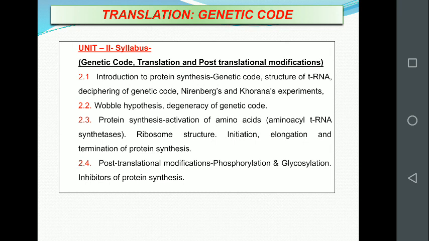For that degeneracy, there is a process known as Wobble base pairing during the interaction of codon and anticodon in translation. That explains the degeneracy of genetic code. You have seen that Wobble hypothesis in the previous video lesson.